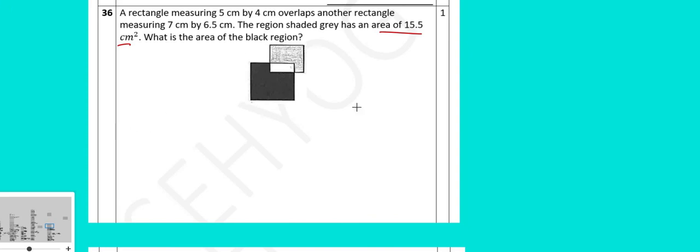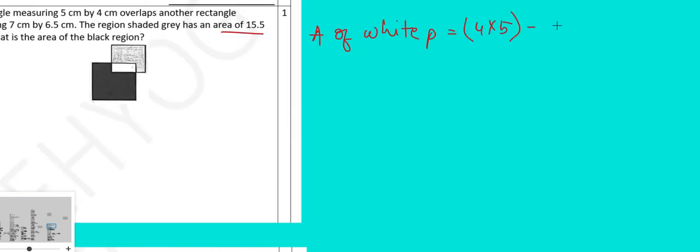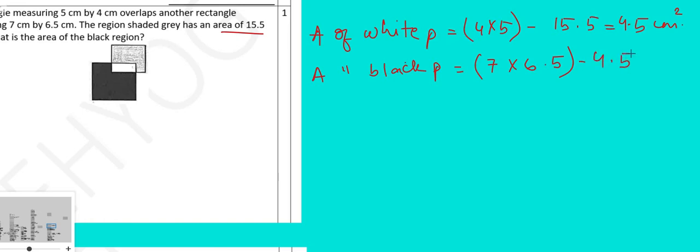So the area of the white portion is equal to 4 into 5 minus 15.5, which is equal to 4.5 centimeter square, and the area of the black portion is equal to 7 into 6.5 minus 4.5, which is equal to 41 centimeters square.